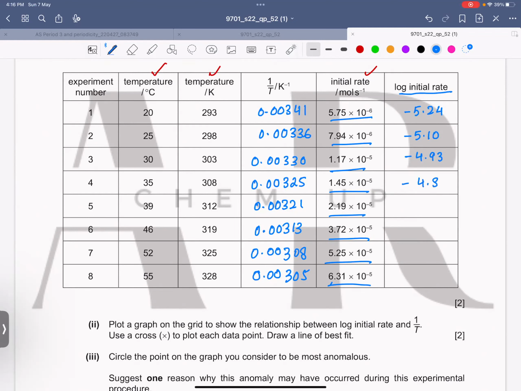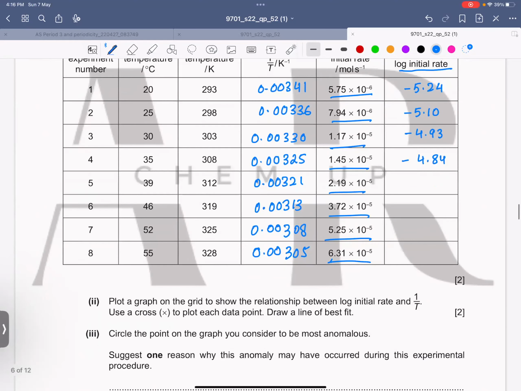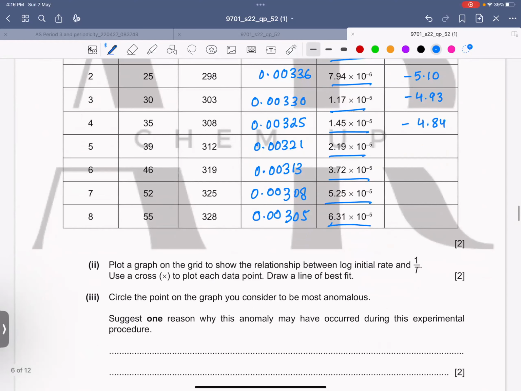Negative 4.66. Okay. Negative 4.43. Okay.